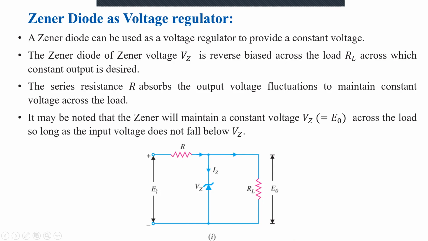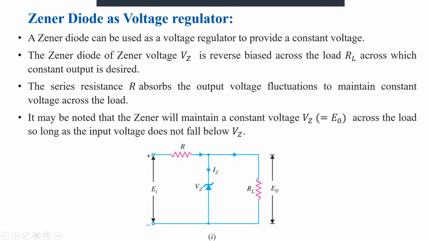So what happens? If the input voltage is increased, there will be a higher voltage drop at this series resistance, so that the voltage across the Zener diode remains constant. Whatever the extra voltage given, that will drop across the series resistance, so that Vz will be constant. Suppose load resistance is varied. Suppose load resistance increases, then what happens?